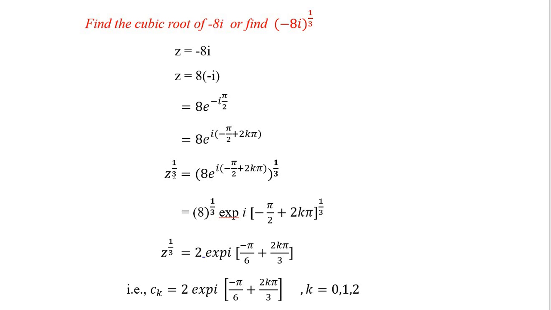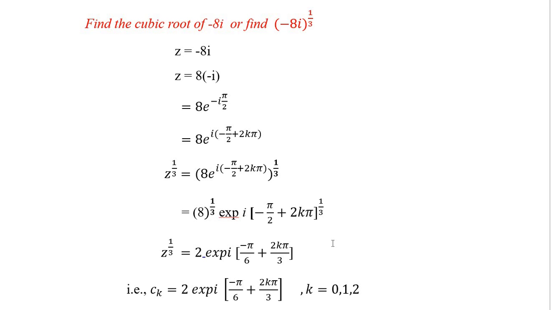Therefore the cubic root of z equals 8 e power i into minus pi by 2 plus 2k pi, whole to the power 1 by 3. Now we apply the cubic root. The cubic root of 8 is 2. And by De Moivre's law, this can be written as exponential of i into minus pi by 6 plus 2k pi by 3. What is De Moivre's law?